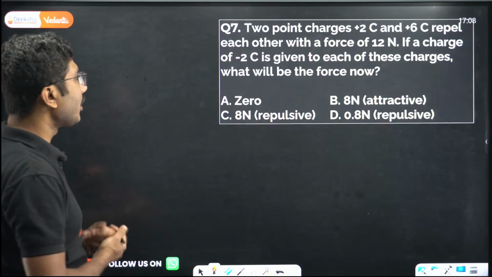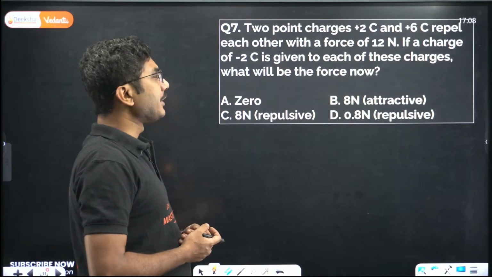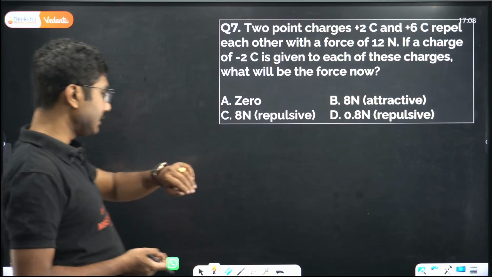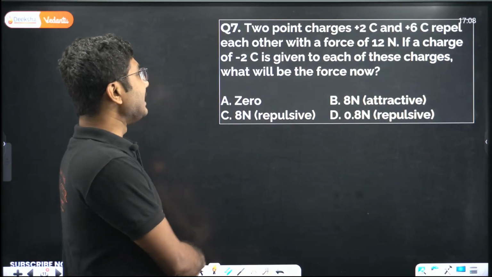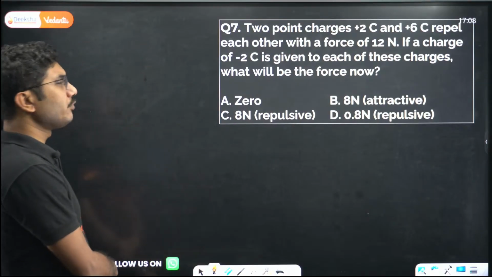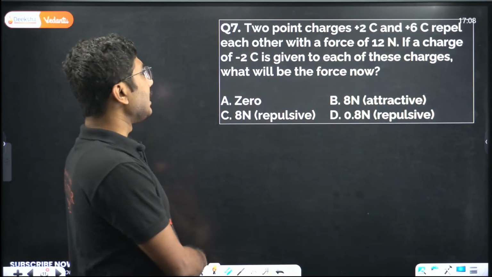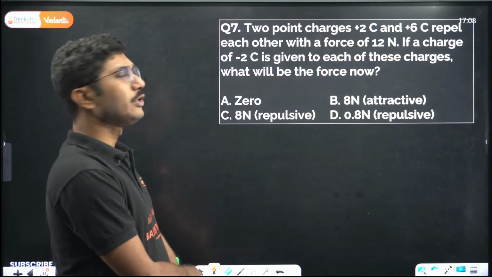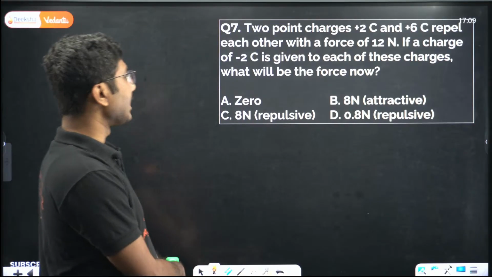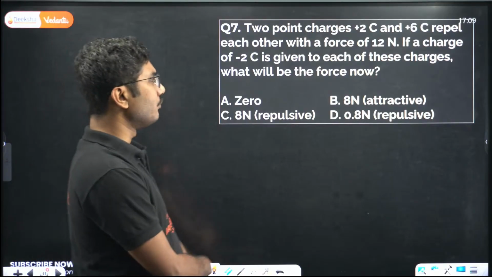Now let's move on. 2 point charges, 2 coulomb and 6 coulomb, repel each other with the force of 12 Newton. If a charge of minus 2 coulomb is given to each of these charges, what will be the force now?